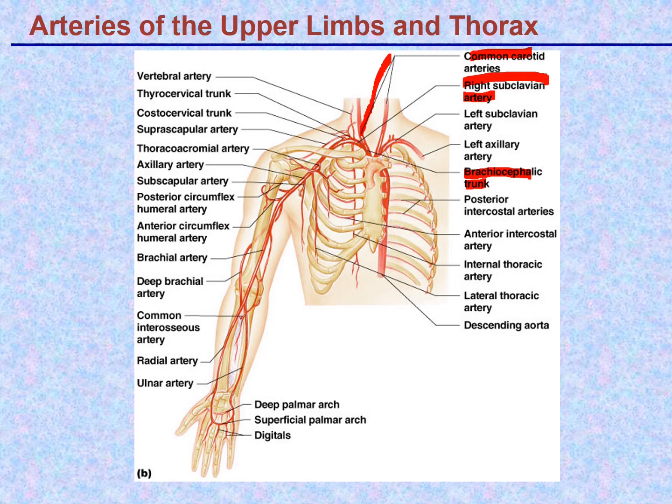This is the right side, and this is the left side. And we're looking at the brachiocephalic trunk splitting into the right subclavian and the right common carotid. And then you have the left common carotid artery, and you have the left subclavian artery. It's important to say left or right, and artery or vein.